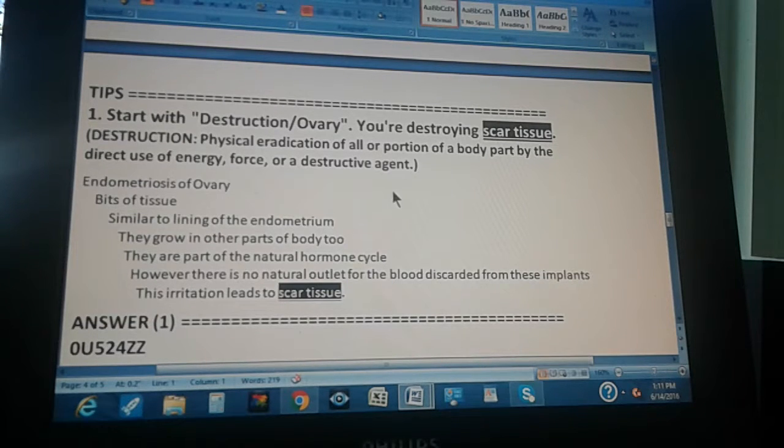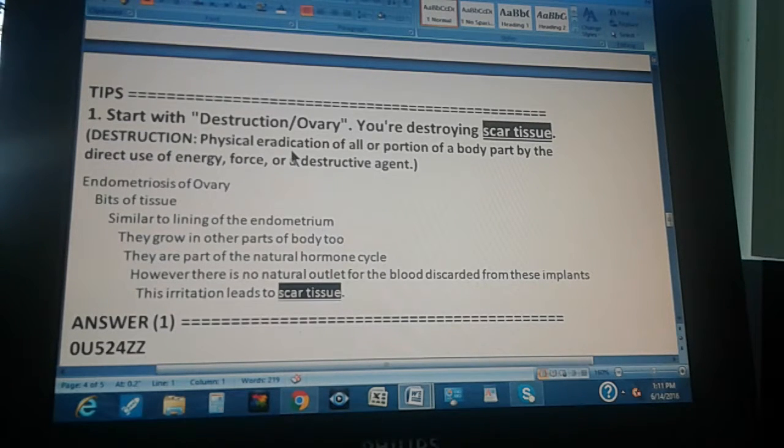The tip is start with destruction, ovary. You start in the index with destruction and then ovary. Why do you go to destruction? Because you're destroying scar tissue. We're going to explain a little below what endometriosis is and how the scar tissue gets formed, but you're destroying the scar tissue. And what's destruction?